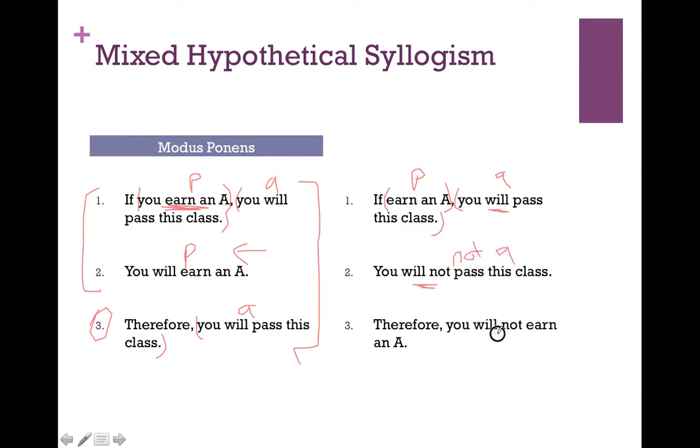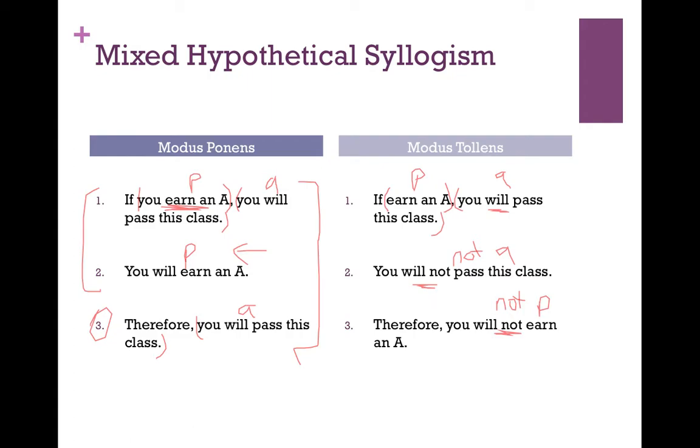You will not earn an A. You earn an A is P, so this is going to be not P. And so the form of this argument right here is if P, then Q, not Q, therefore not P. And this has a fancy name too, and it's called modus tollens.